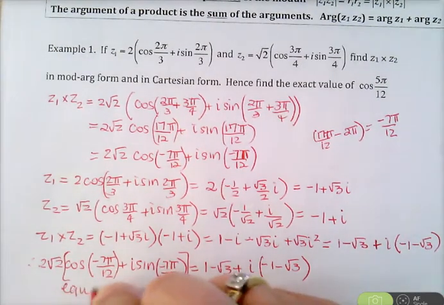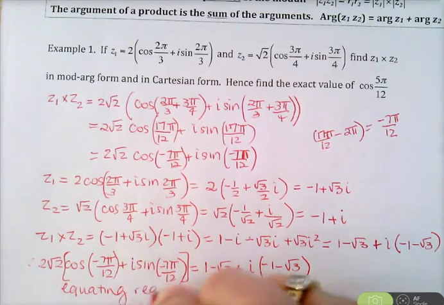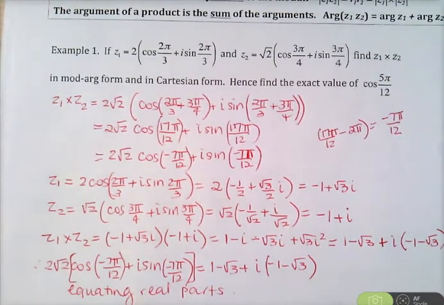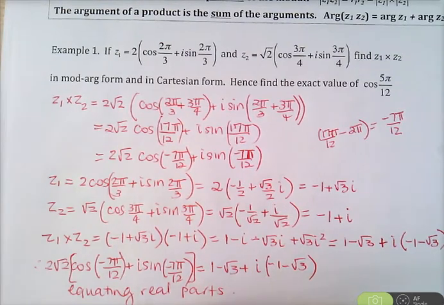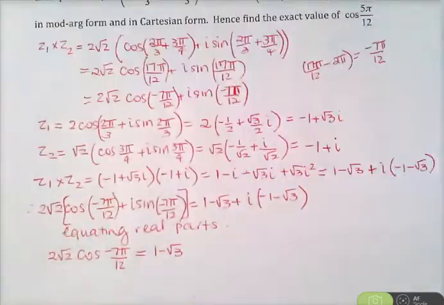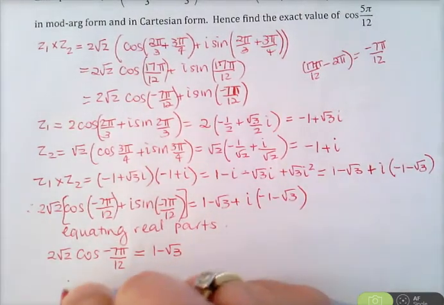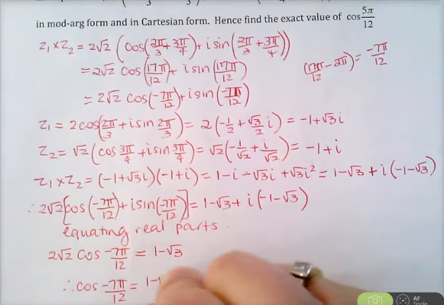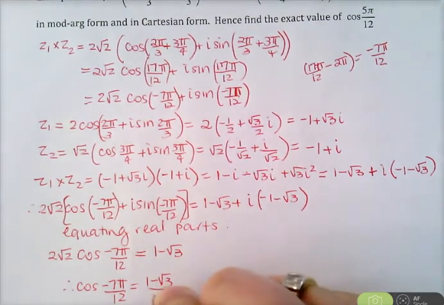First we'll start with equating real parts, because that may just give us our answer first. So 2√2 cos(-7π/12) is equal to 1 - √3. Therefore, cos(-7π/12) is equal to (1 - √3)/(2√2).